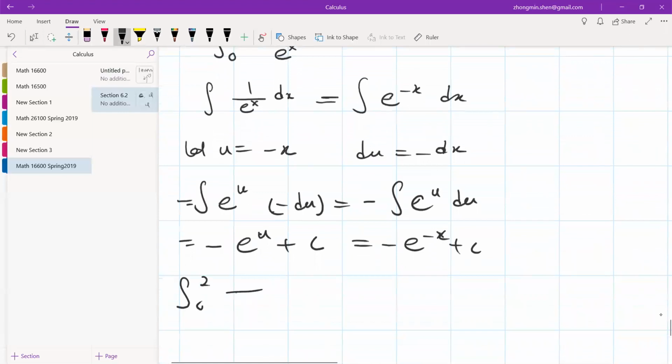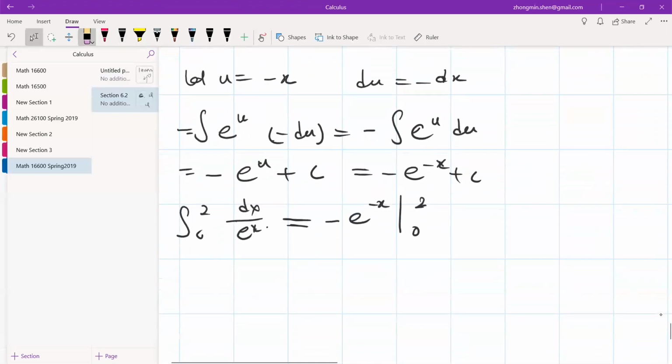This is the antiderivative. So the definite integral is going to be negative e to the negative x, evaluated at the endpoints.